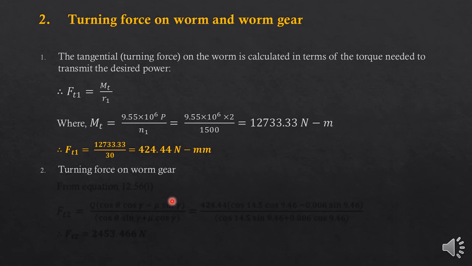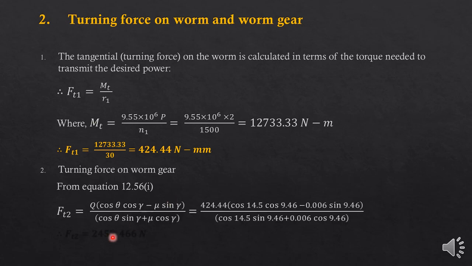Therefore, the formula for tangential force or the turning force that acts on the worm gear is given in 12.56, where Q is nothing but the turning force exerted by the worm, which you have already calculated as 424.44. Substitute it into the formula here and you will get FT2 as 2453.466 Newton. So you have obtained the turning forces on both.